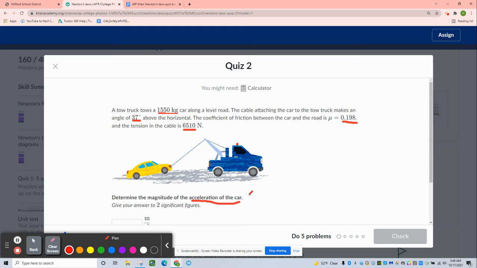All right, sounds crazy complicated, but we're really just going to apply Newton's second law twice. We're going to apply the sum of the forces equals mass multiplied by acceleration in both the x and the y direction.